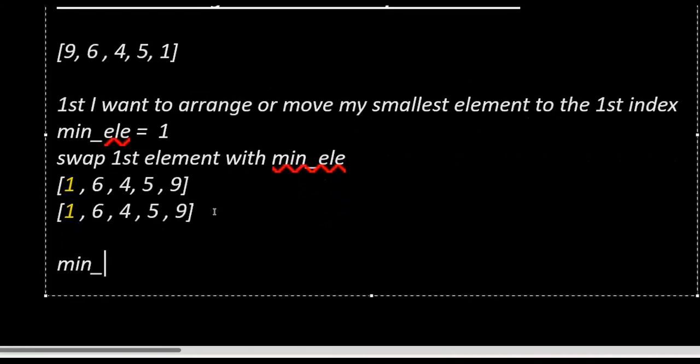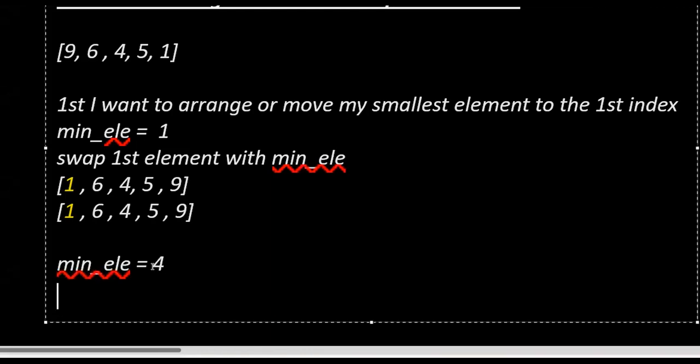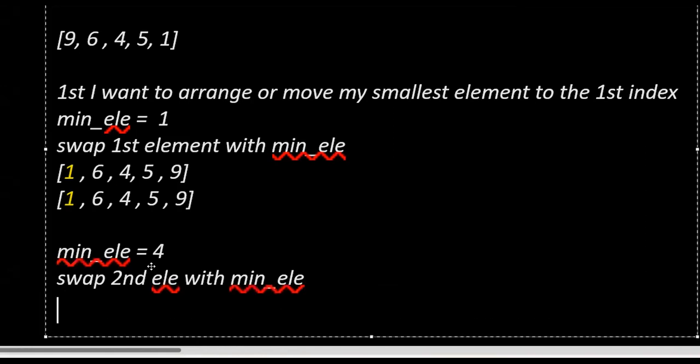Now the minimum element in this sublist is 4. Is it? 4 is less than every element, right? So my minimum element is 4. I again need to swap the second element with the minimum element.